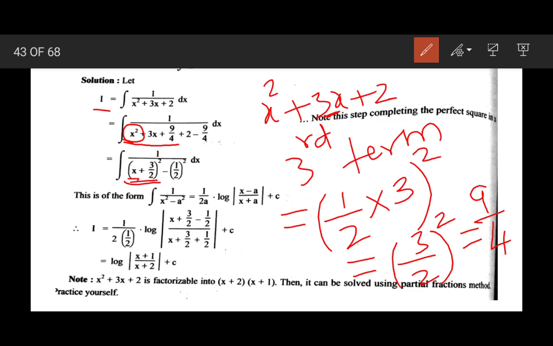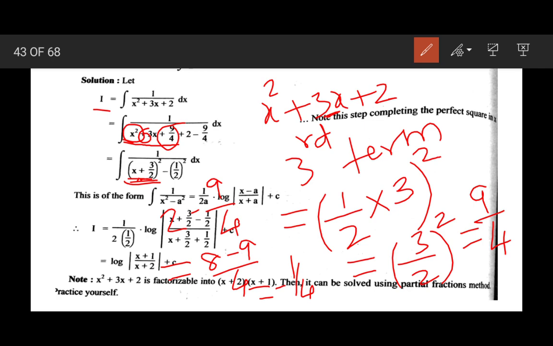Then from the second term I have to take the sign, so the sign is plus, and from the last term I have to take the square root, so 3 upon 2 the whole square. Then 2 minus 9 upon 4, that is equal to 8 minus 9 upon 4, that is equal to minus 1 upon 4.